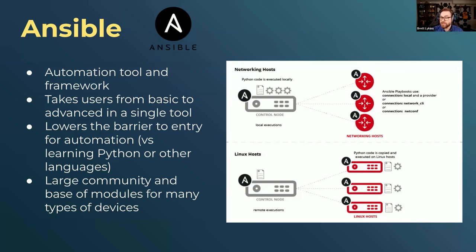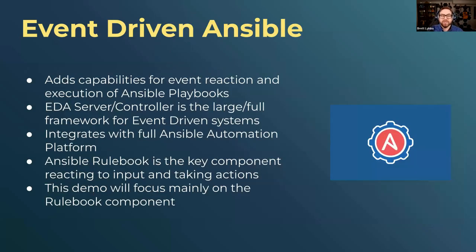And so that's what Ansible is going to give us in this example, because in addition to just the Ansible capability to run what they call playbooks, which are, I'm going to do tasks to something on the network, it also has the larger concept of event-driven Ansible and the event-driven server. So the EDA server, similar to how Ansible traditionally has playbooks to do things, EDA has rule books that tell it how to do those things or when to do those things.